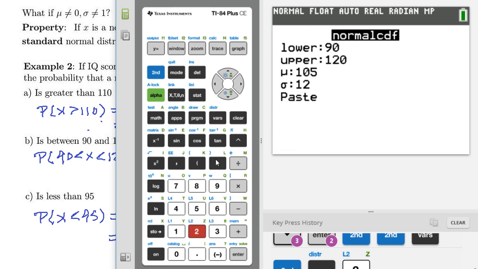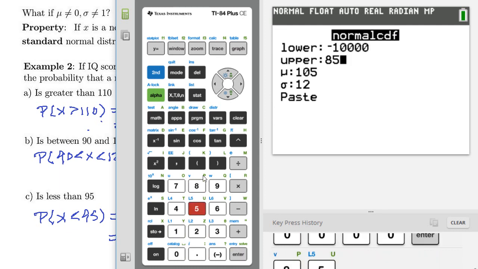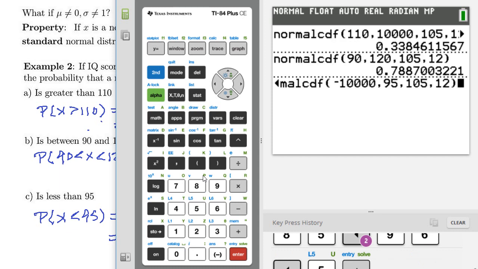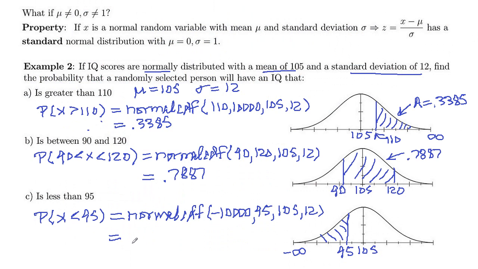And so our lower cutoff, minus 10,000, upper cutoff 95. Mean, standard deviation the same, paste it, 0.2023. And that's what this area is, also 0.2023.